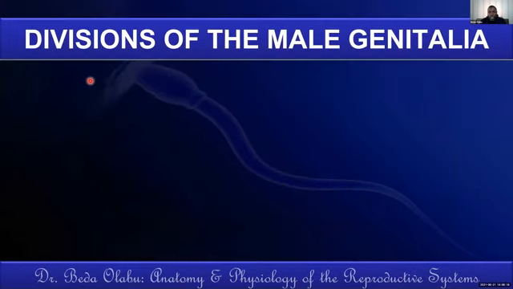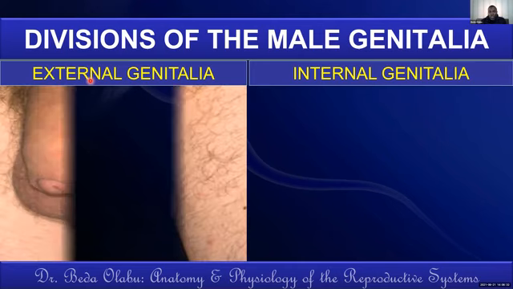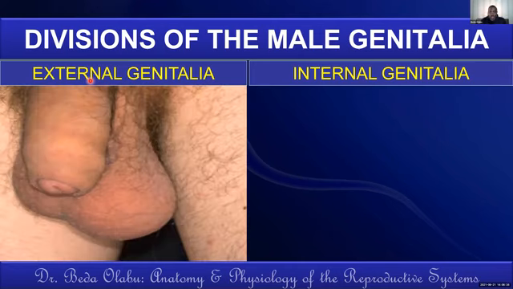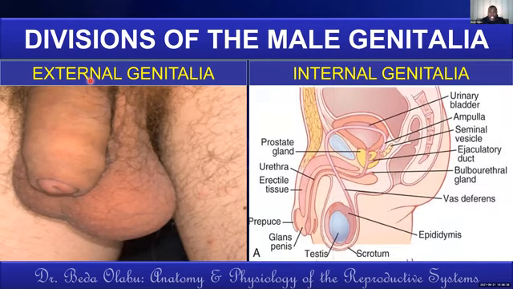In terms of outlining the components, we outline the male reproductive system as having external genitalia and internal genitalia. When you talk of the external genitalia, we're referring to the penis and the scrotum. And when you talk of the internal genitalia, we're referring to three entities of structures: the gonad, the genital ducts, and the sex glands.